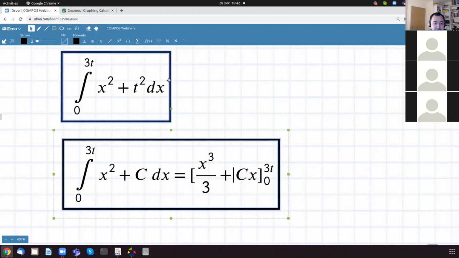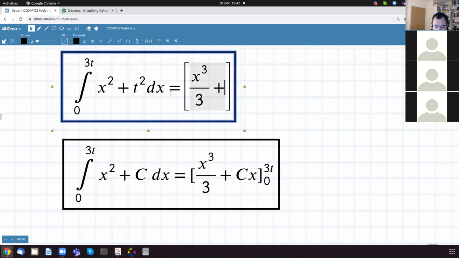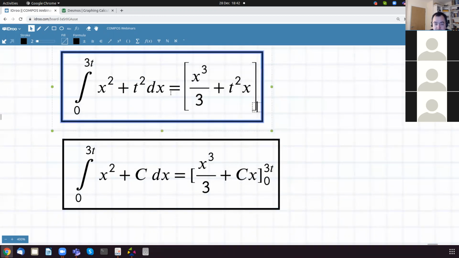So we do the same thing here. Nothing's changed. So it's going to be x cubed over 3 plus t squared x between limits from 0 to 3t.